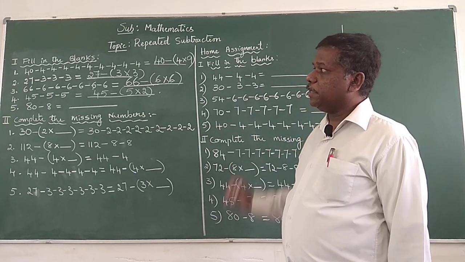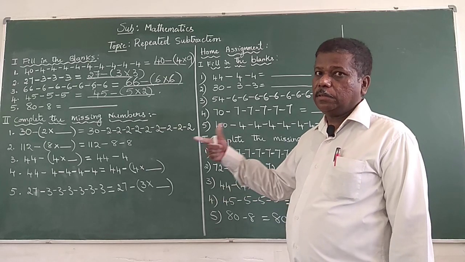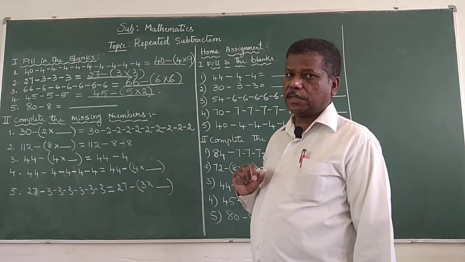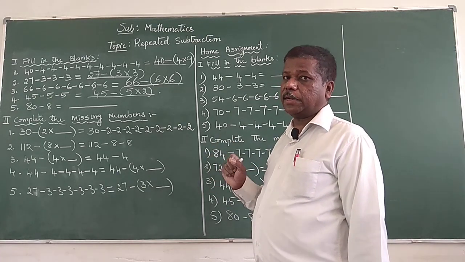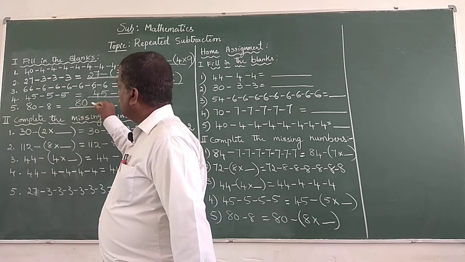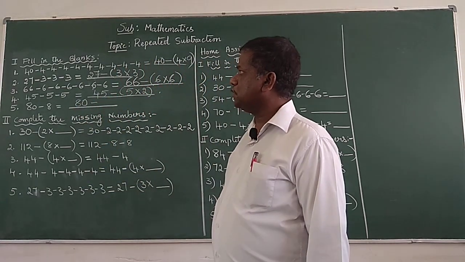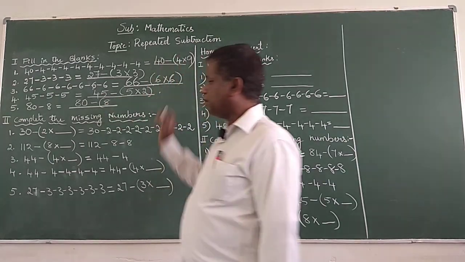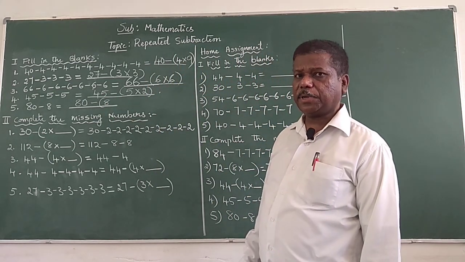Now the fifth one is quite simple, simpler than the fourth question. Here you see 80 is the number from which something is subtracted. So write 80 minus 8. What is subtracted? 8 is subtracted. Good. But how many number of times is 8 subtracted?